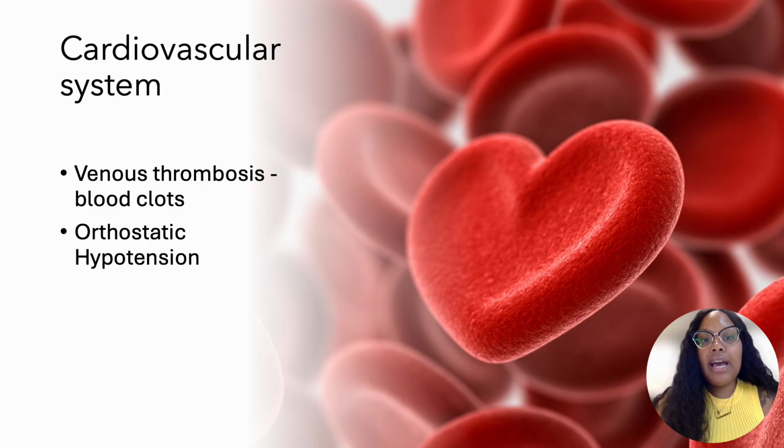But anytime your blood starts to slow down due to the patient being in the bed all the time, your blood vessels start to weaken and they can't push the blood throughout the body like they should, or when the blood starts to pool in the legs due to immobility, that puts the patient at risk for blood clots.